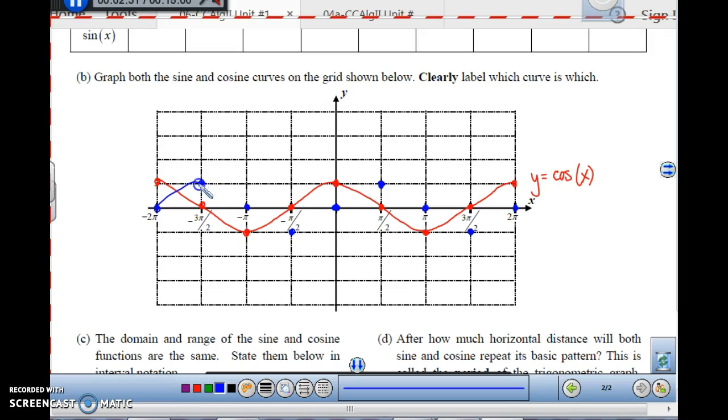So drawing my graph, it looks like this. If you can remember your facts for this, sine starts at 0, cosine starts at 1. And it just goes in a pattern: 0, 1, 0, negative 1, 0 for sine, and 1, 0, negative 1, 0, back to 1 for cosine.